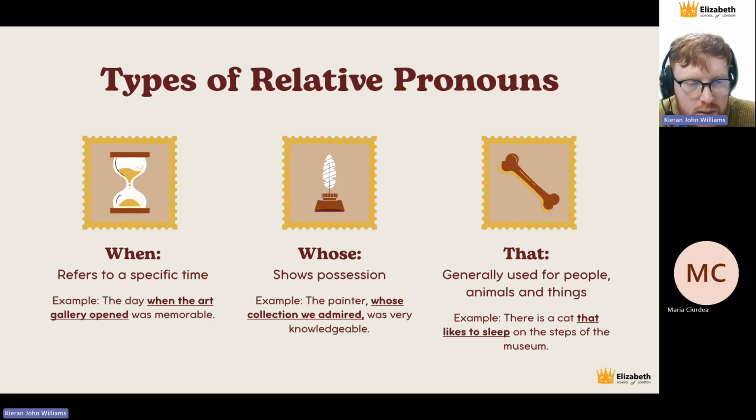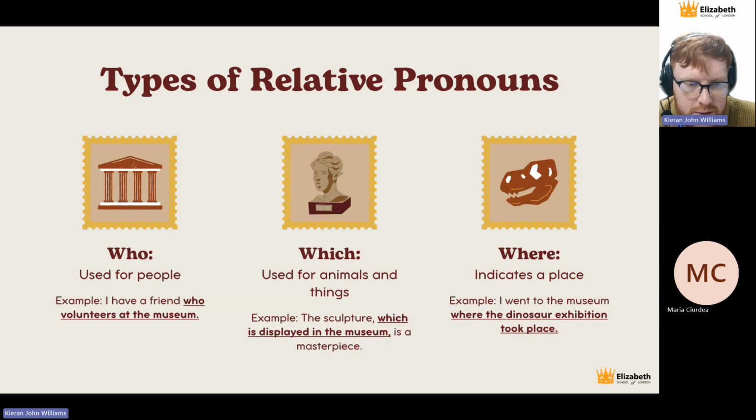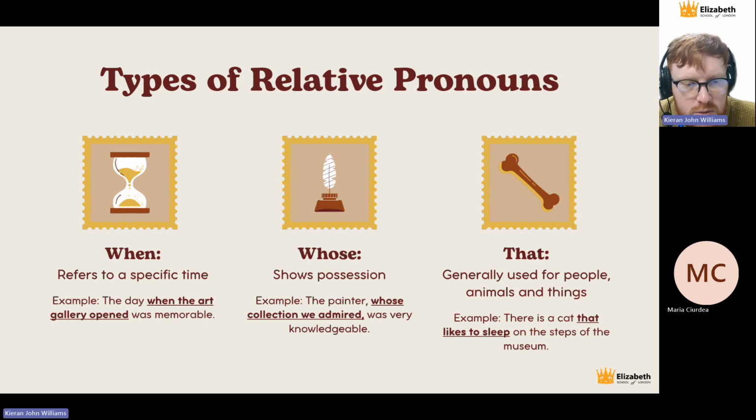Okay, now the next one is going to get a little bit more difficult, and that is the word whose. Whose often gets confused with who, which we looked at before. But whose, this is where it gets a bit more difficult. Whose talks about the possession of a person.